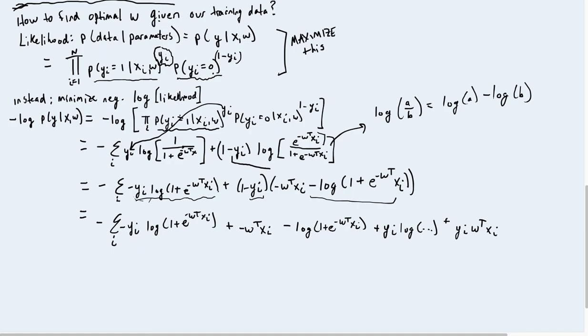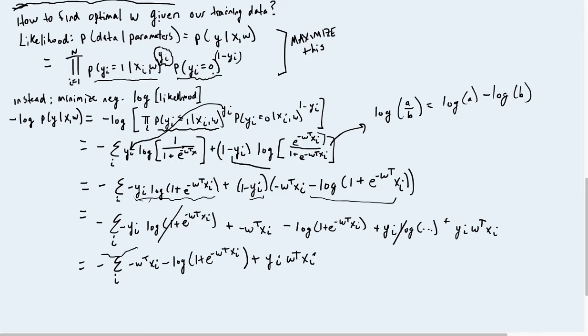And we're going to now notice, finally, that these guys cancel out, and this leaves us with negative over i. We get negative w transpose xi minus log of 1 plus e to the negative w transpose xi plus yi w transpose xi.